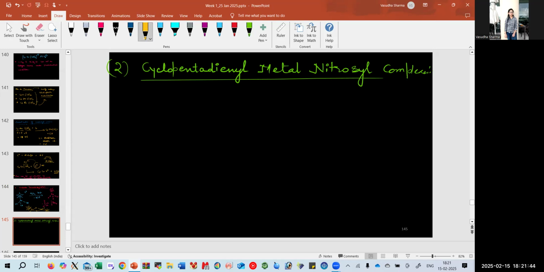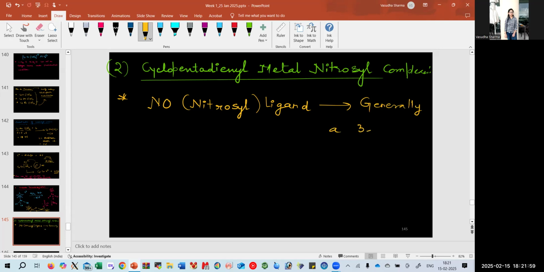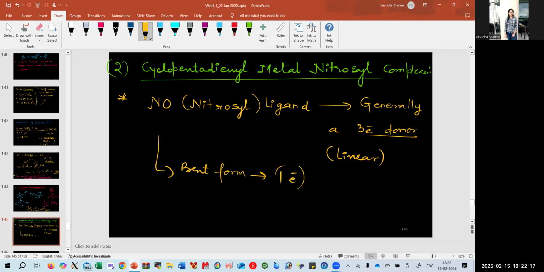That first point is this NO, which is a nitrosyl ligand, it's generally a 3-electron donor in linear form, but if it binds in a bent form, it acts as a 1-electron donor. So that is there.